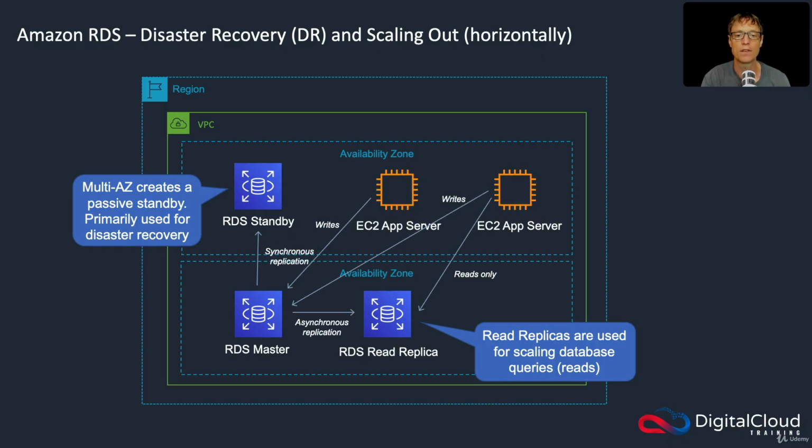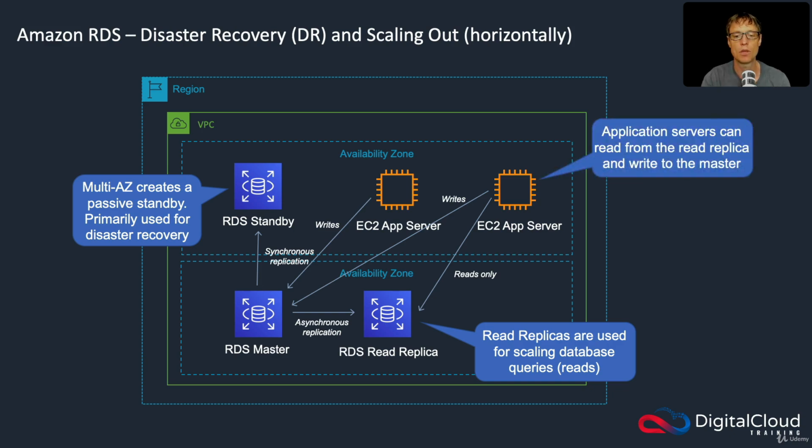And this is how you might configure your applications. So we've got two application servers, and we can see that the database writes are going to the master, and the reads are going to the read replica. So that means you can offload some of the queries from your main database. So that means you might have a bit less of a performance hit on your master database. So just try to remember the difference between these two.